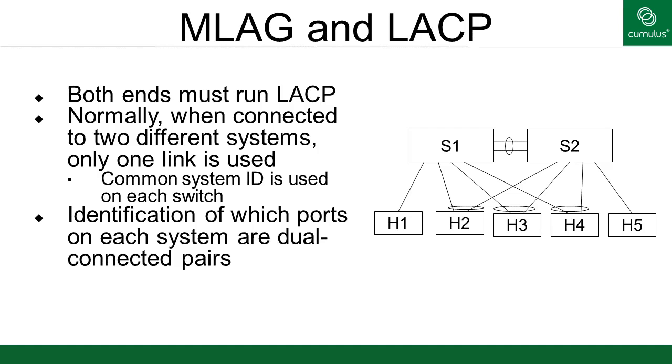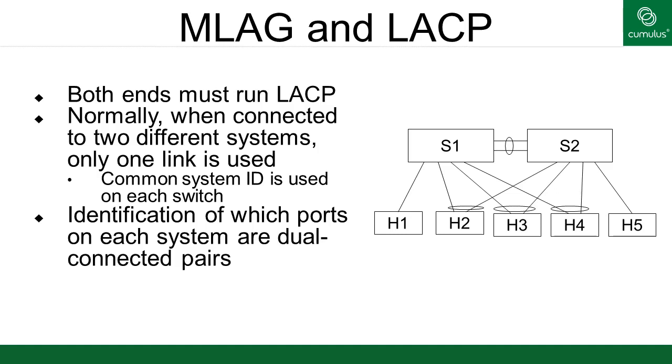So let's take a deeper dive into some technology here. LACP, the Link Aggregation Control Protocol, is what's used to form bonds. That's a standard, 802.3ad, or actually I think it's moved to 802.1 now. If we were to simply connect H2 to switch S1 and switch S2, as in the example on the slide, H2 would see that it's connected to two different systems, and it would only use one of the links in its bond.